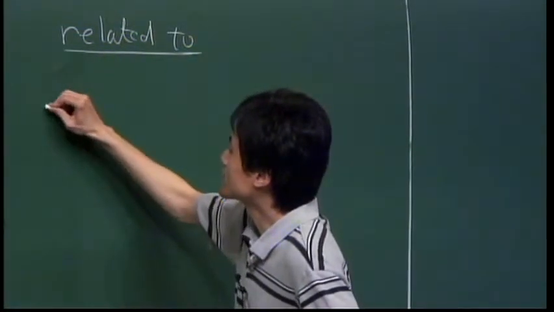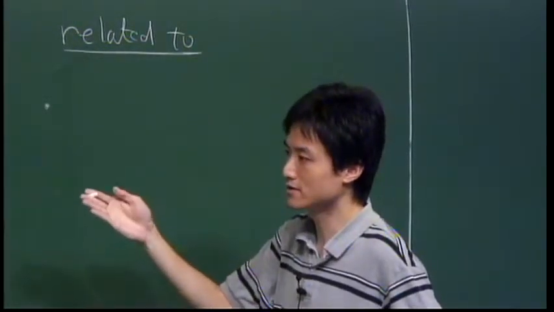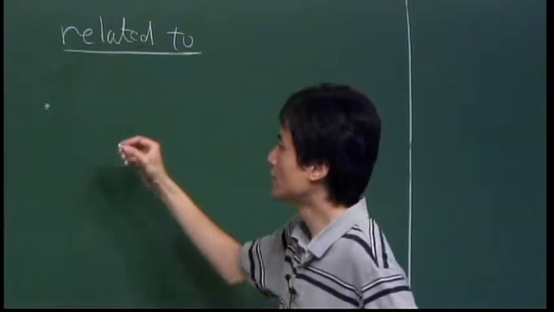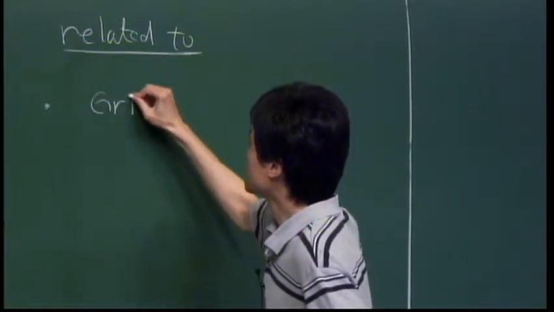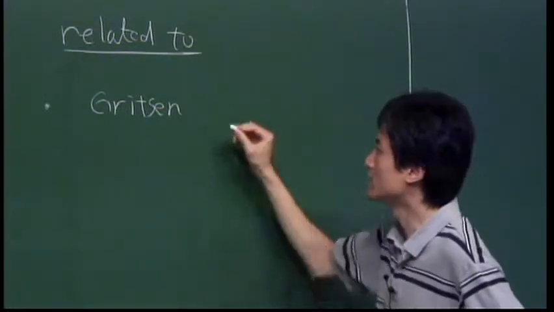So, for example, originally Gritsenko and Nikulin defined this class of modular forms for the construction of Lorentzian Kac–Moody algebras.